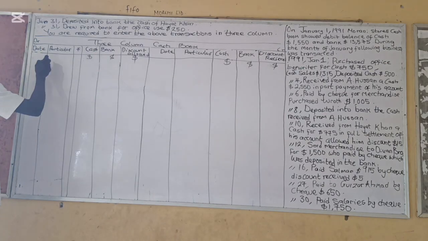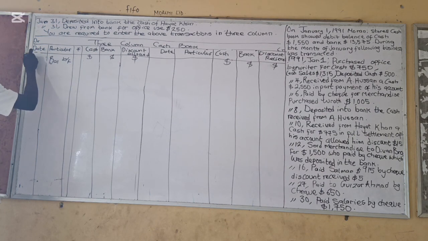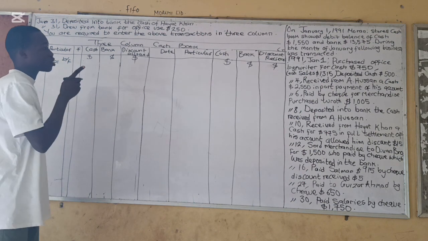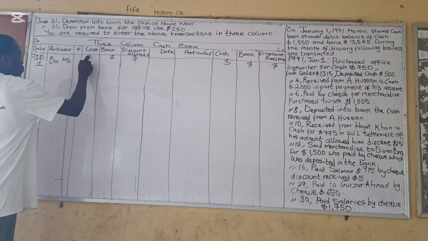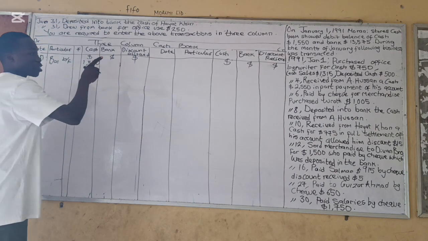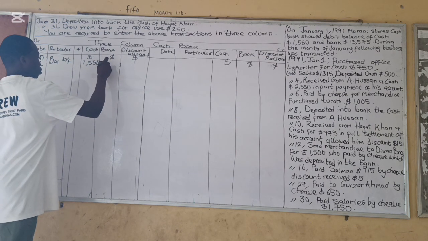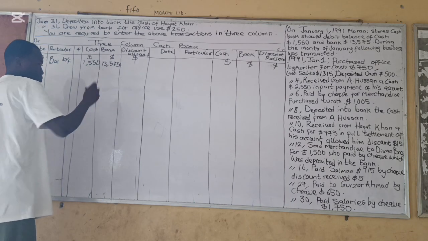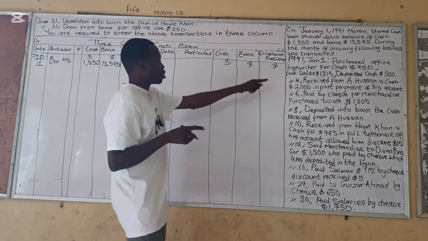You get it now? So we have January 1999. The cash is 1,550 and the bank is 13,575.